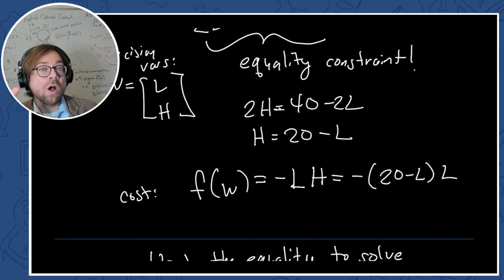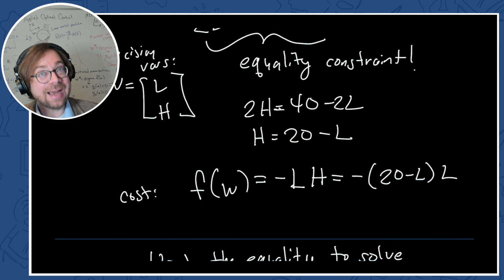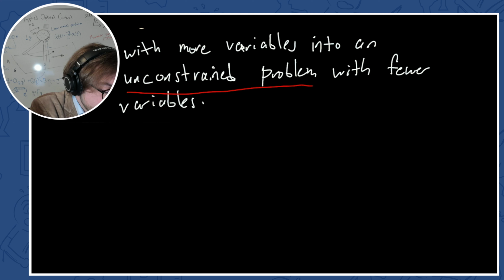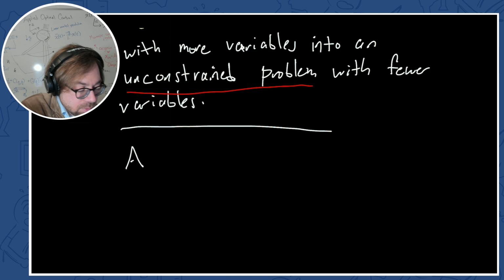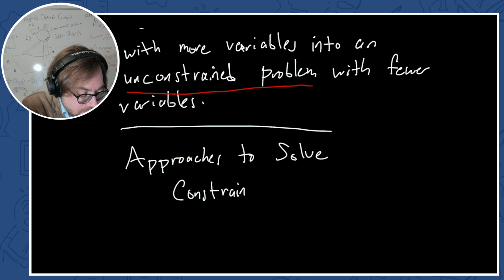So you can't just solve for it and then substitute and get an answer. It doesn't work like that. At least it's not easy. So what we need are approaches to solve constrained optimization problems.